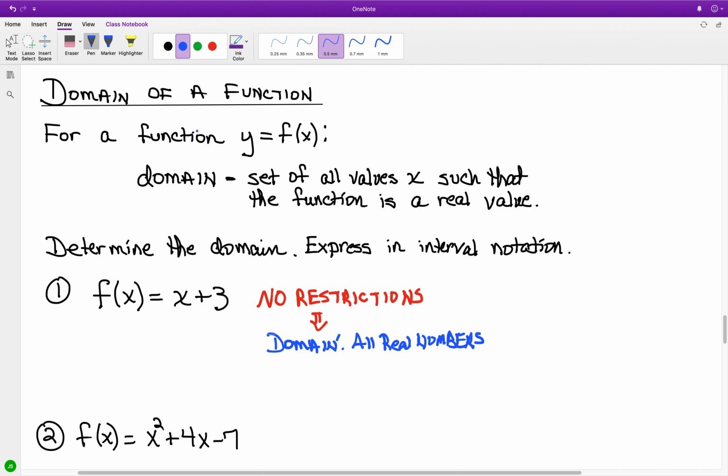And if I express this in interval notation for f of x equals x plus 3, symbolizing the set of all real numbers, you have in parentheses continuity between negative and positive infinity. Again, infinities are boundless, so we use parentheses throughout.